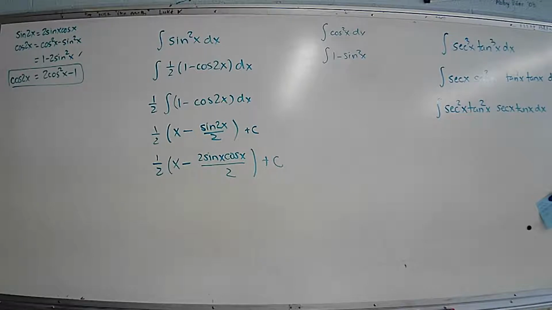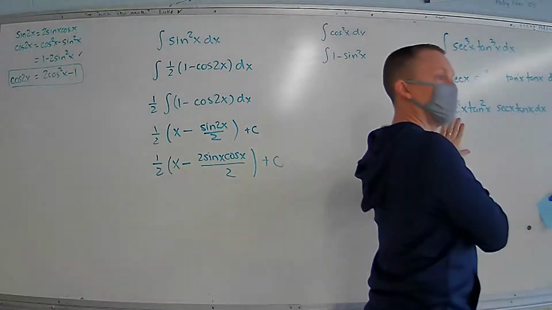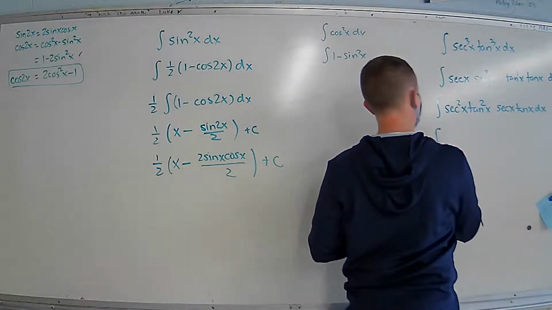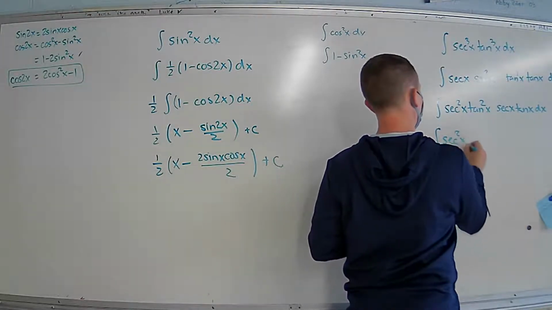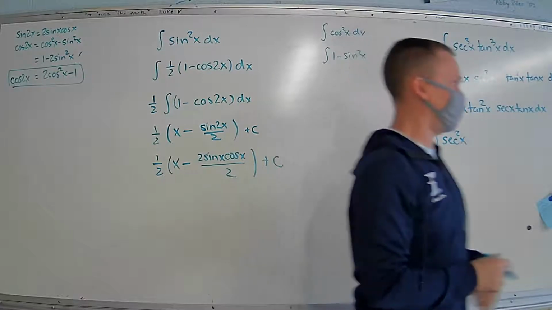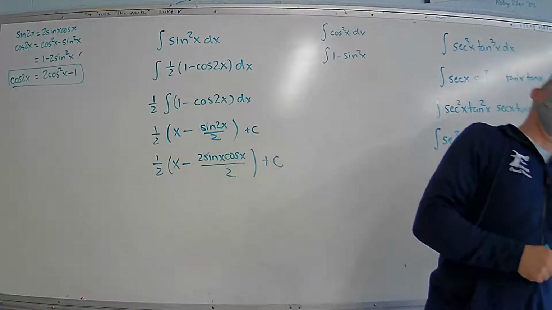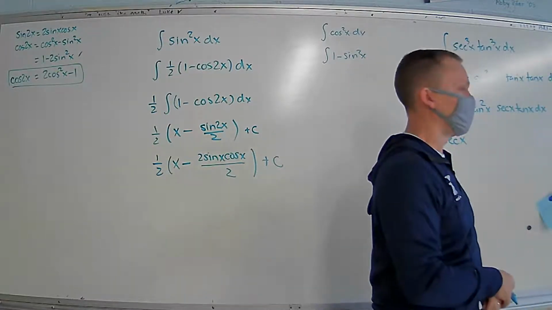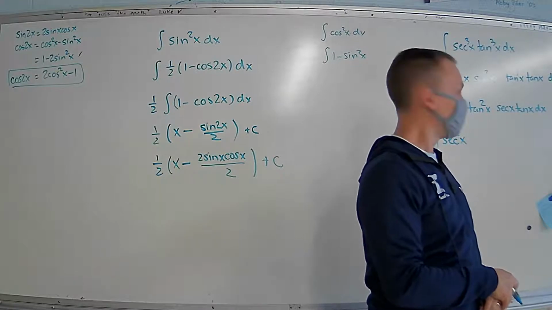So can I put that all in terms of secant, and then that can be my du? Can you put this all in terms of secant? What's tangent squared in terms of secant? Secant squared minus 1.